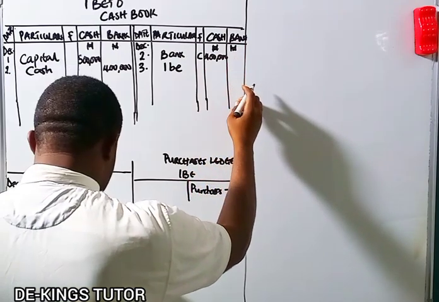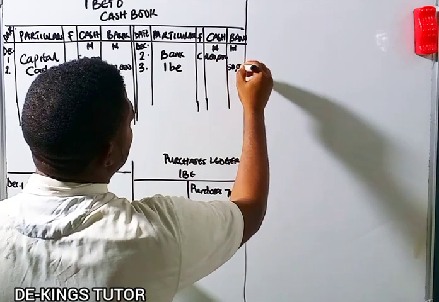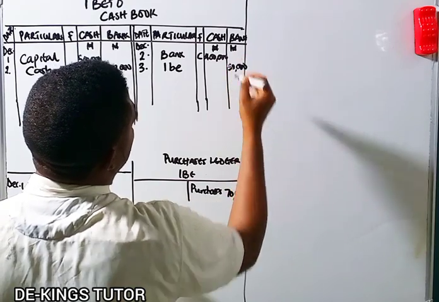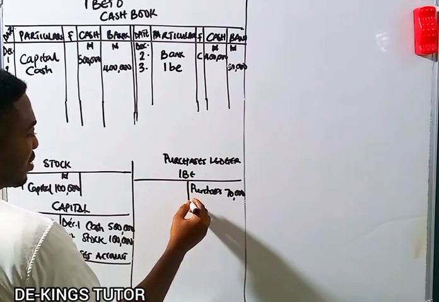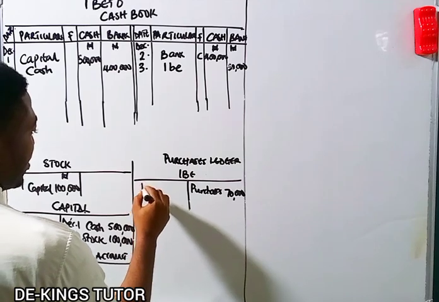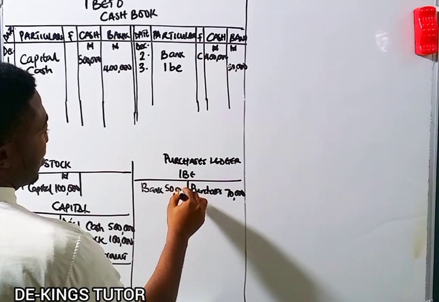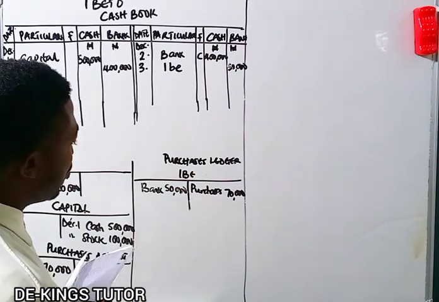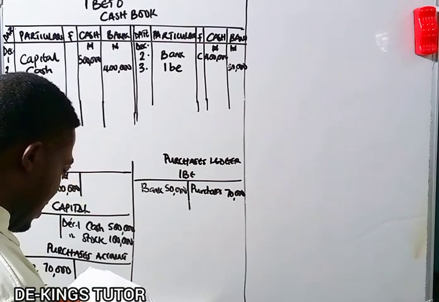Under the bank column, since it is check, 50,000. So we come to eBay's account here. eBay's account received from us. So it will be to bank, 50,000.